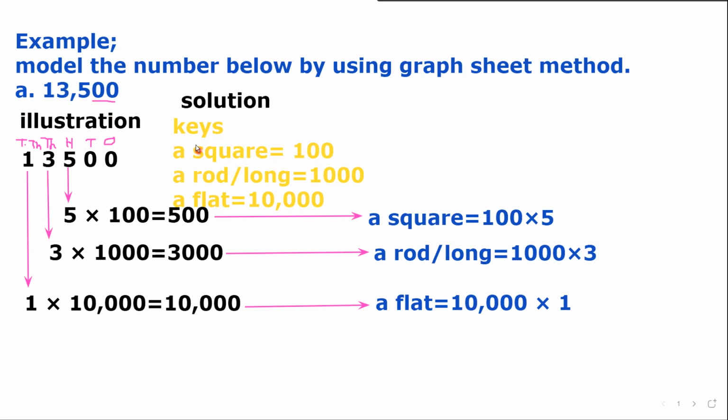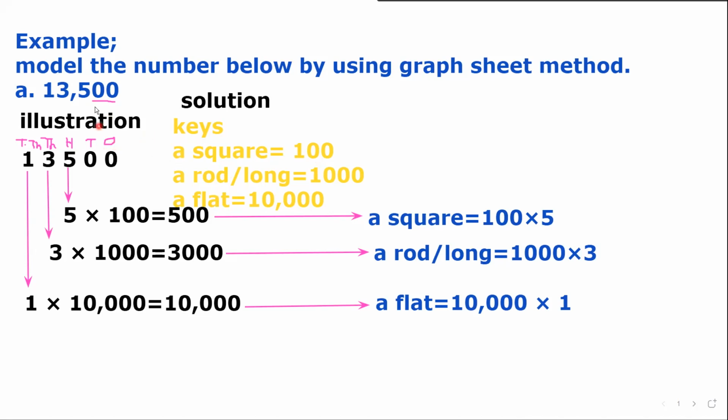Followed by the next material, which is a rod or long, which is always 10 times a square, or 10 times the previous material. Then followed by a flat. This is also 10 times a rod or long.